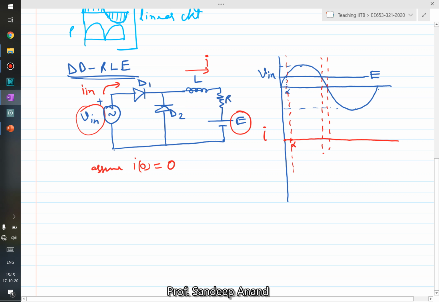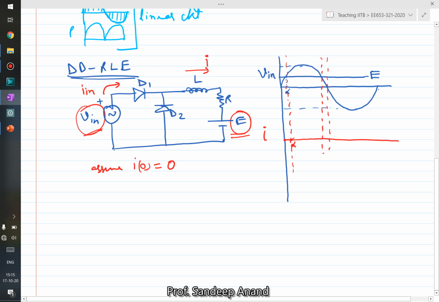At instant alpha plus, just after the instant alpha, you would see that the input voltage would become more than E, and that would help the inductor current to rise slowly, right?